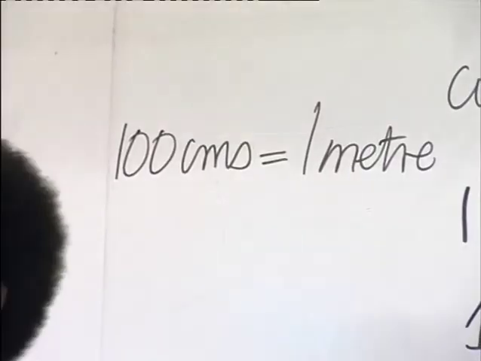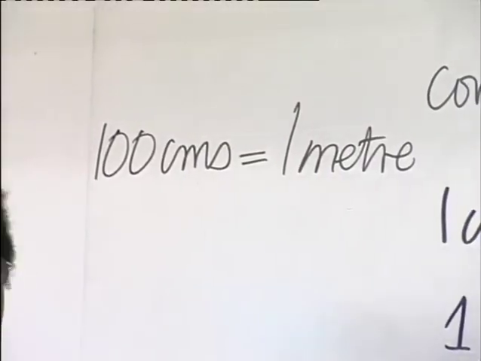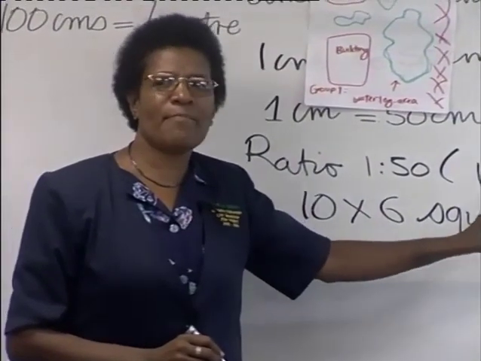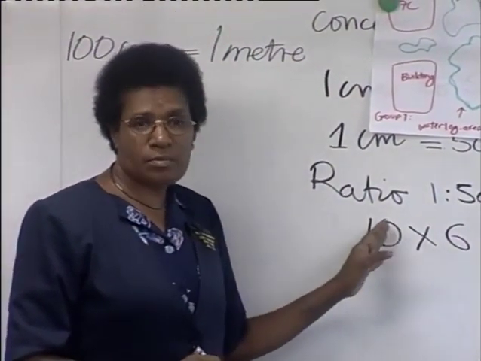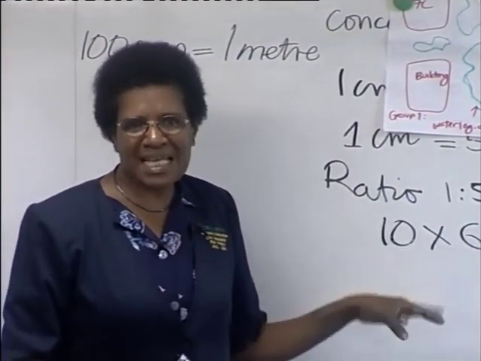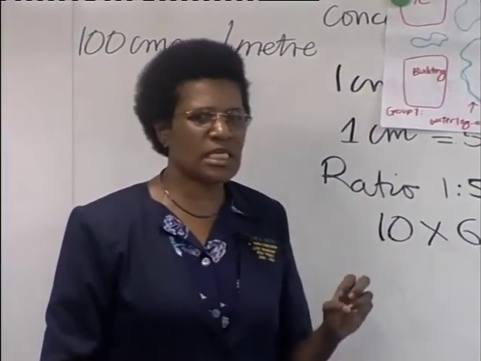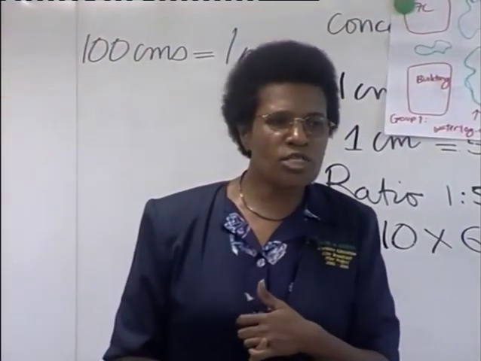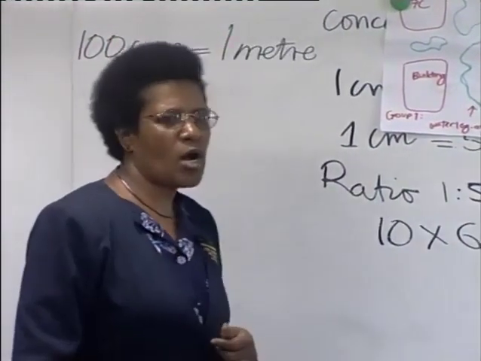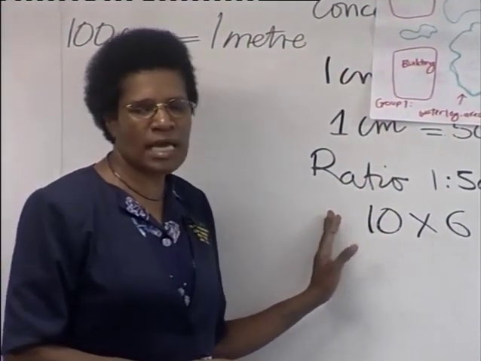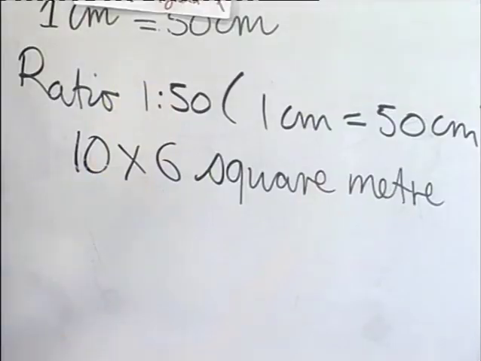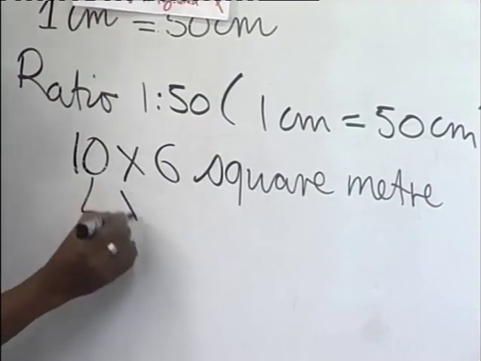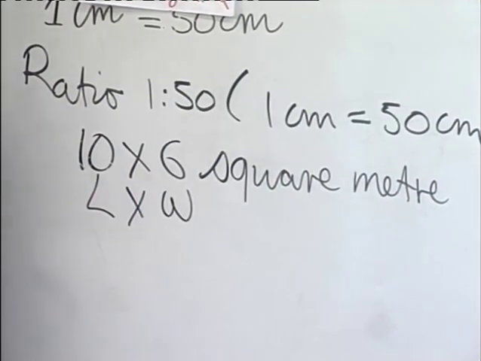Now you are measuring that area using square meters. So you have to convert that meter to centimeters because you will be using centimeters on your scale drawing. So the example we are trying to do here is 10 by 6 square meters. The length is 10 and the width is 6.